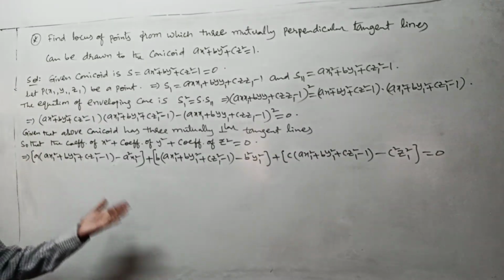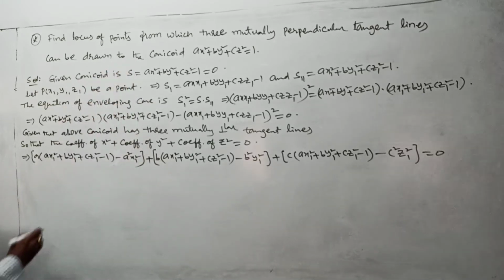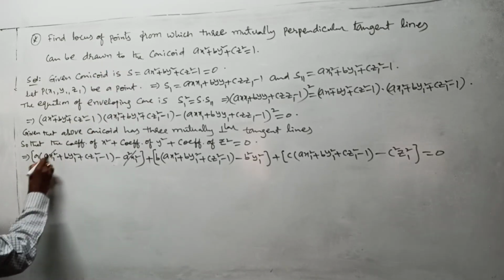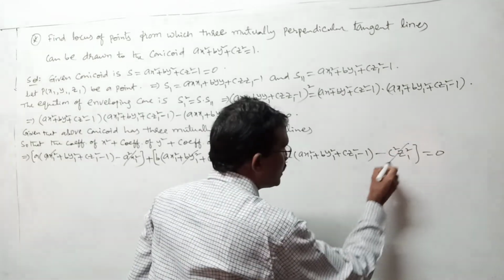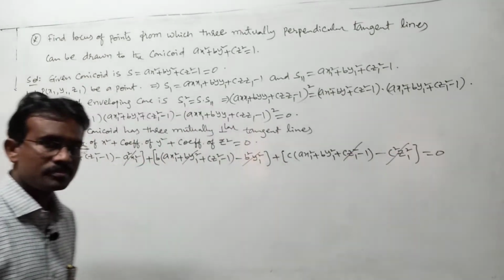Just simplify it and define the locus of P, and you get your required answer. Here you can cancel this with this, and this with this one, right?